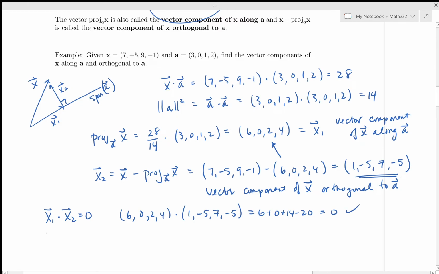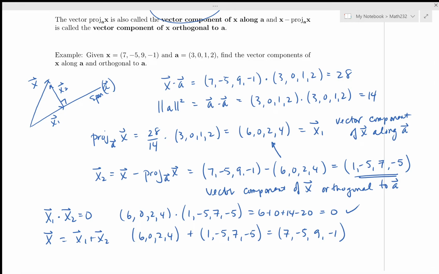And also x should be x1 plus x2. That's vector addition. So let us confirm that we haven't made any mistakes: (6, 0, 2, 4) plus (1, -5, 7, -5) is equal to (7, -5, 9, -1). That's the sum. Okay.